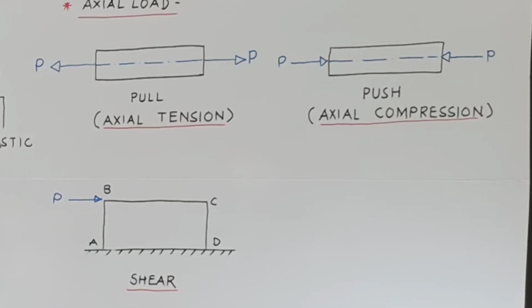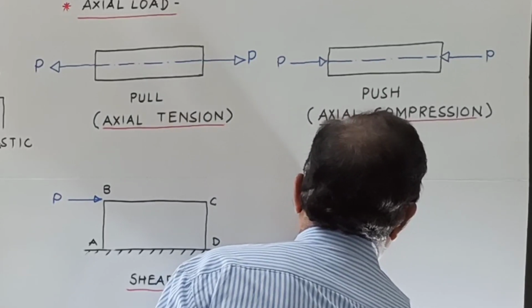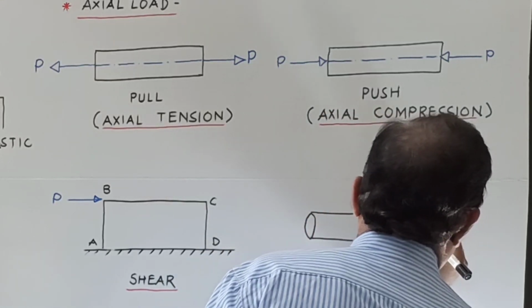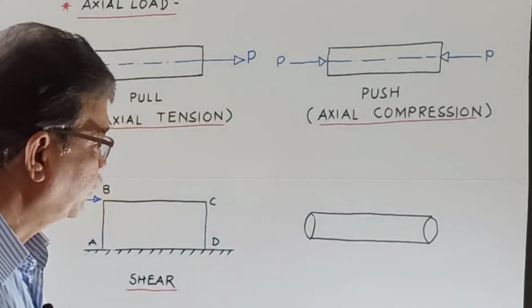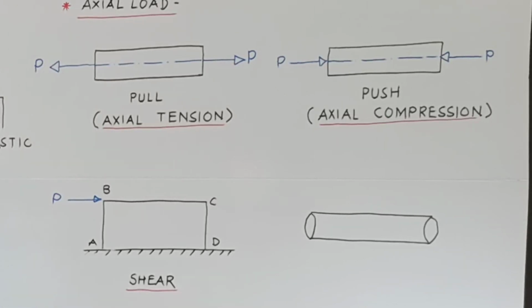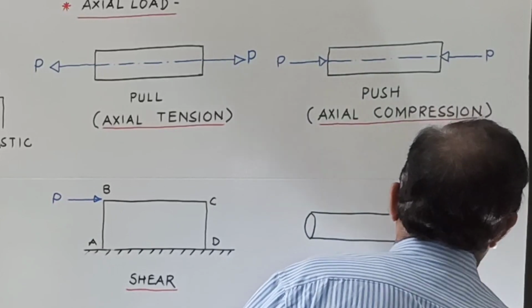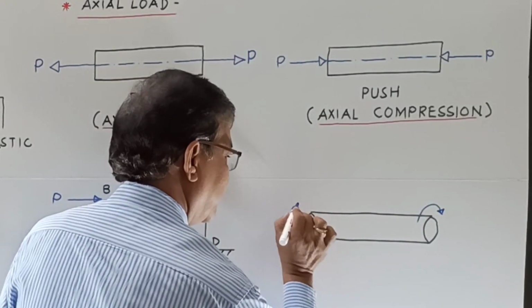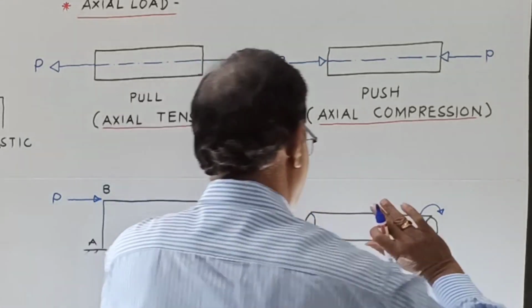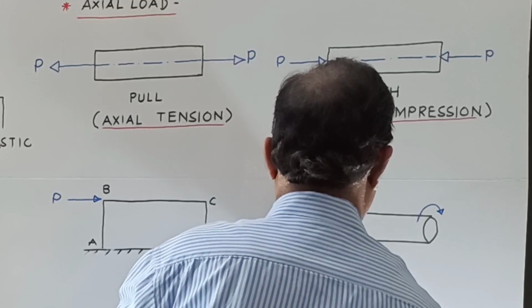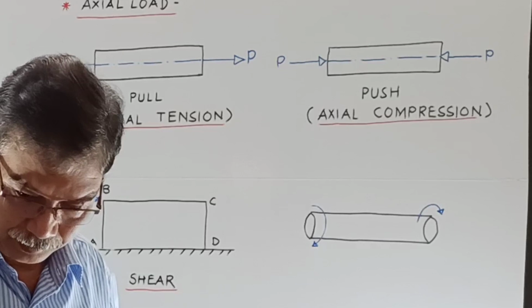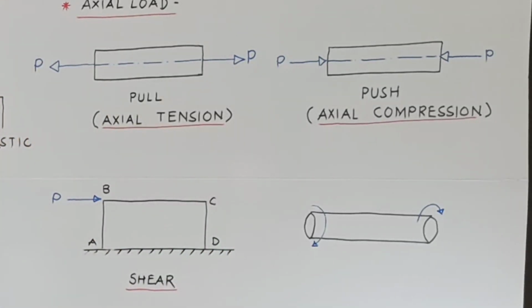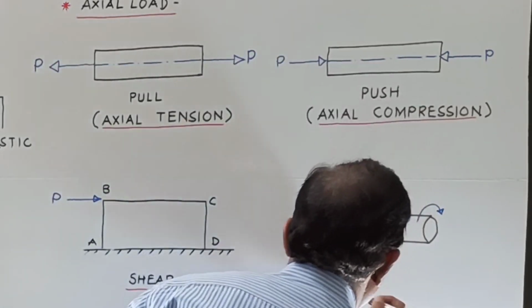Now we will consider one more. Consider a bar of elastic material, and if it is subjected to a couple or moment like this, and here it will be like this, this type of action is known as torque or twisting load.